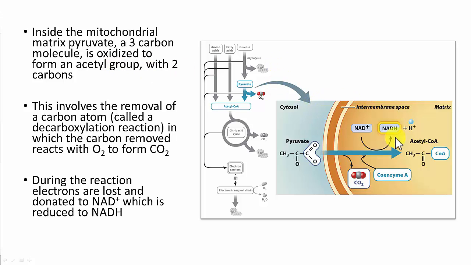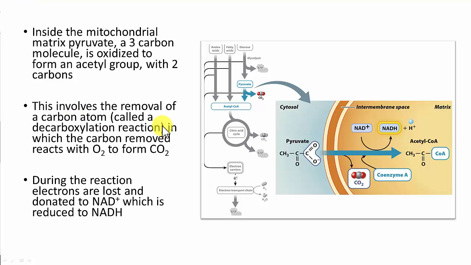Now, in the process of that breakdown, we're going to have the removal of hydrogen from our pyruvate, and that hydrogen is going to be added to NAD, our electron carrier, which is going to be reduced then to NADH.